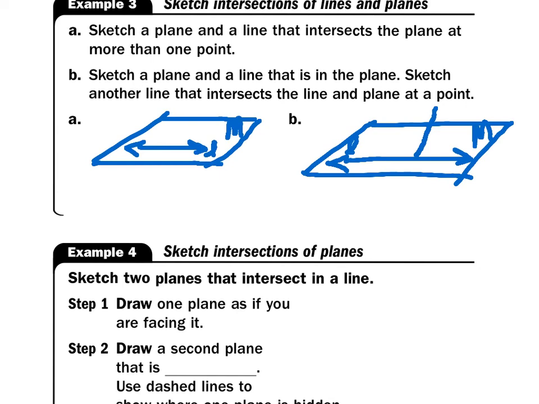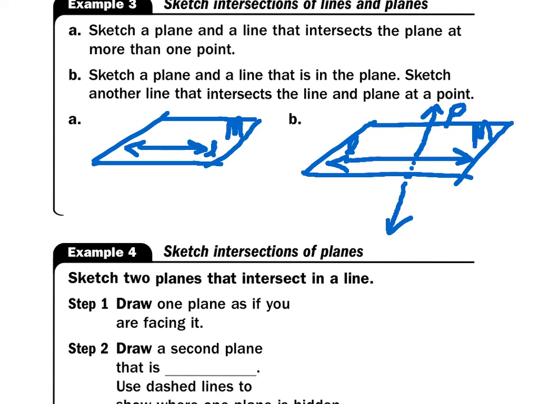It goes on forever, so we're going to put an arrow here. I'm going to go ahead and label that maybe P. Now, this other part of P, you couldn't see it behind the plane, so we make it dotted or dashed. And then when it comes out of the plane, we go ahead and continue it.